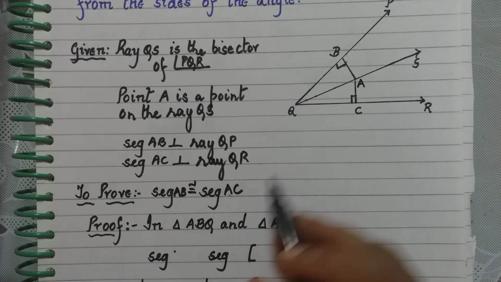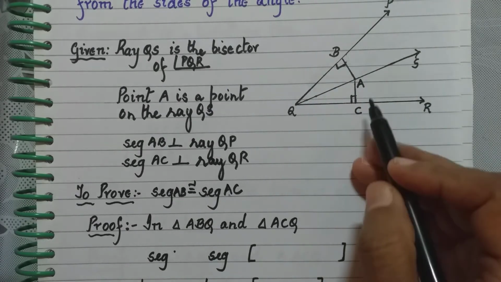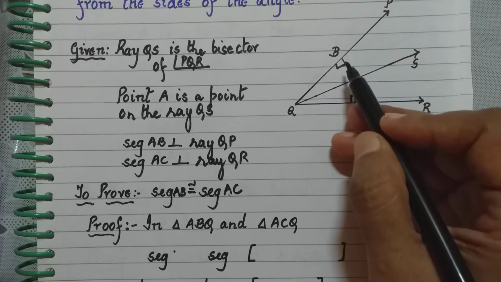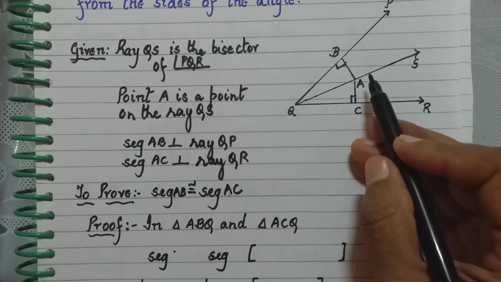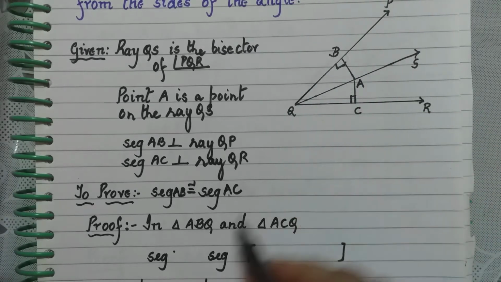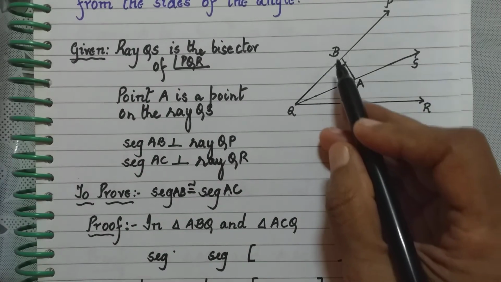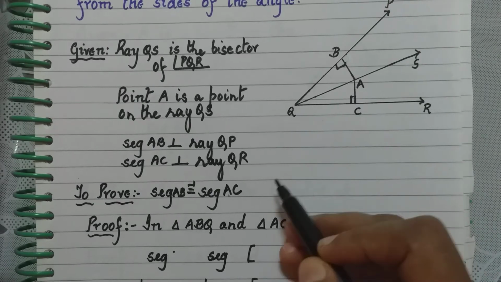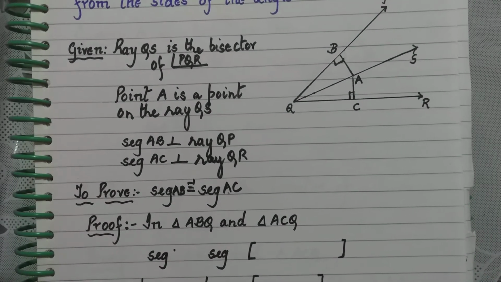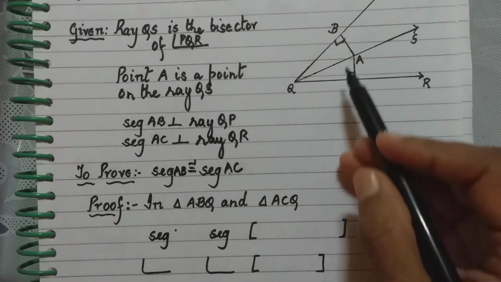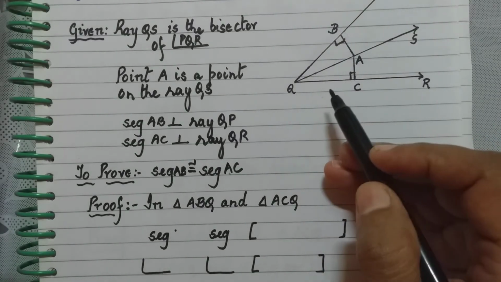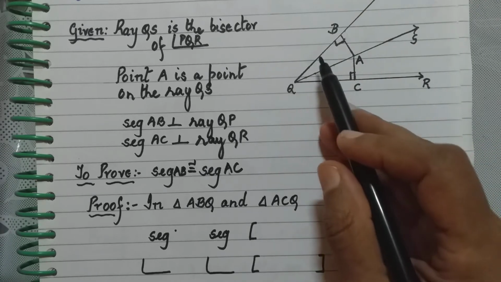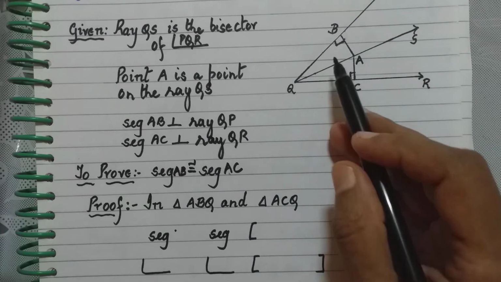Now to prove that, we will take these two triangles. Now when we are naming the triangle, we have named triangle ABQ and ACQ. So in triangle ABQ and triangle ACQ, first we have to take one pair of segments which are congruent. So you see here this segment QA is common for both these triangles.